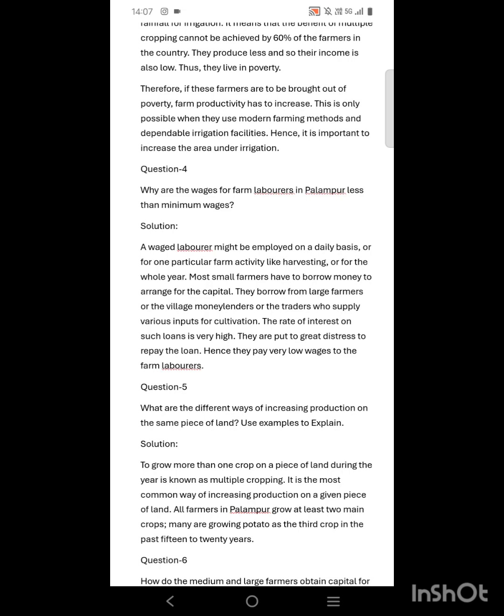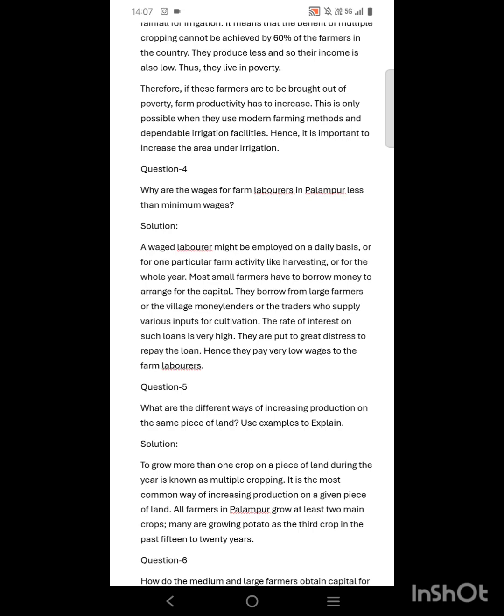So, a waged labor might be employed on a daily basis. It is the rule actually that when a laborer is employed to do some work, then he should be paid on a regular basis, like in the activity of harvesting or for the whole year. Most of the small farmers in the village have to borrow money to arrange for the capital.